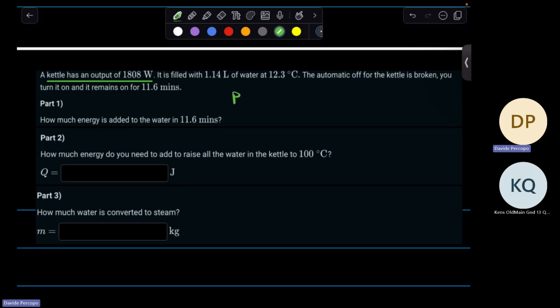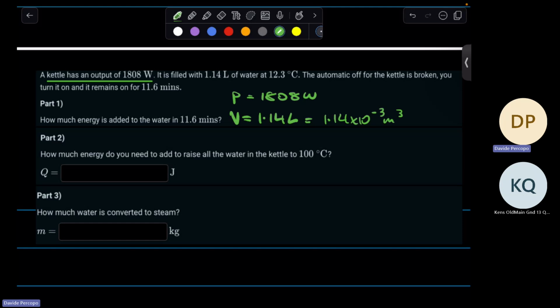So we know power is equal to 1,808 watts. Volume is equal to 1.14 liters, which is equal to 1.14 times 10 to negative 3 meters cubed, because there are 1,000 liters in a cubic meter. Is that all making sense so far?